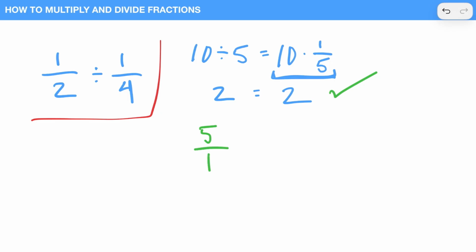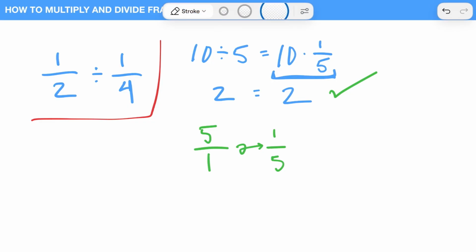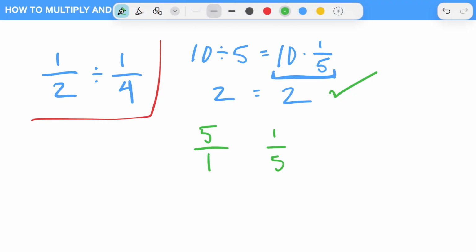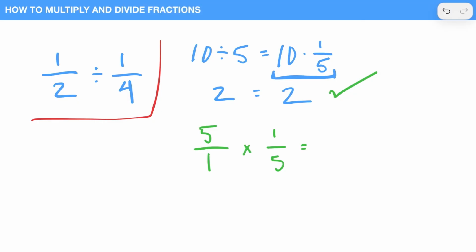But if I'm taking the reciprocal of that, that's 1 over 5. And what's special about reciprocals is that when you multiply them together, you always get 1, right? 5 times 1 is 5. 1 times 5 is 5. 5 divided by 5, or itself, is just 1.